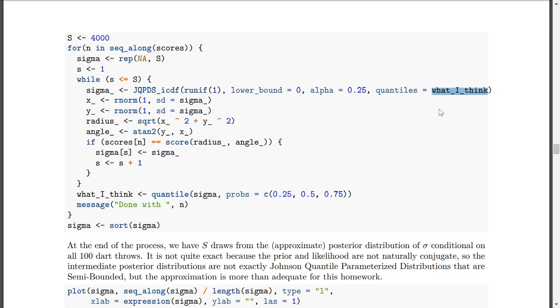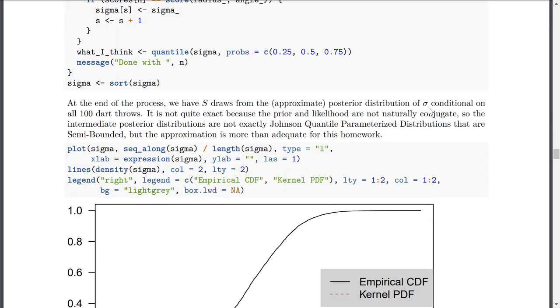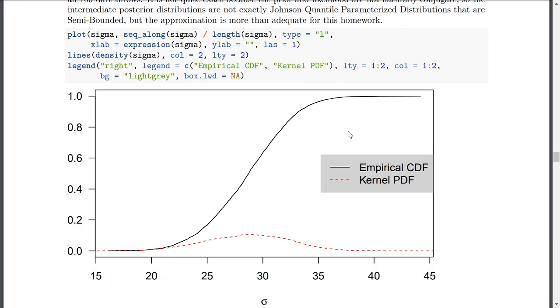Do that until we get enough draws for the posterior distribution, conditional on that dart, and then use that posterior distribution to form the quantiles for the prior distribution for the next dart. And so if we loop over all the darts, the final posterior distribution that we get at the end will be conditional on all 100 dart throws, and it looks like that.